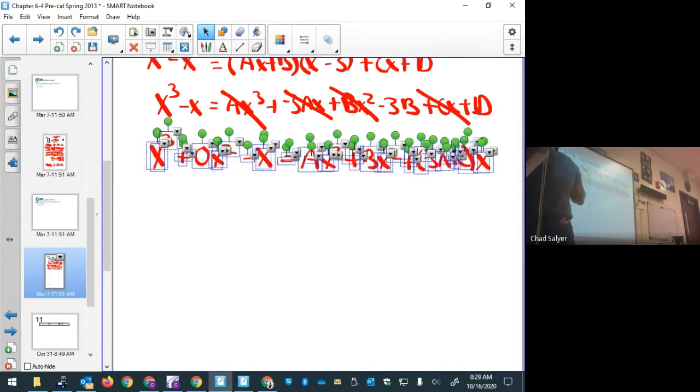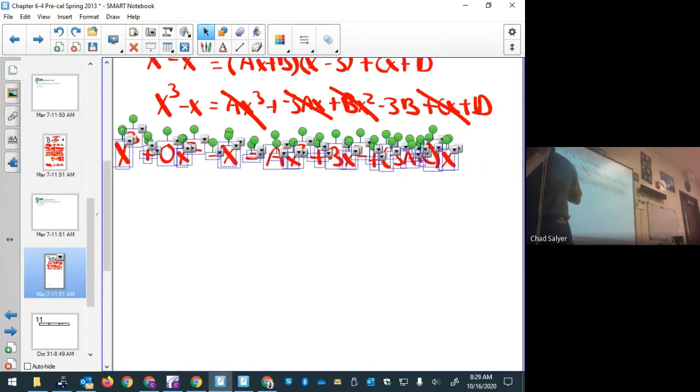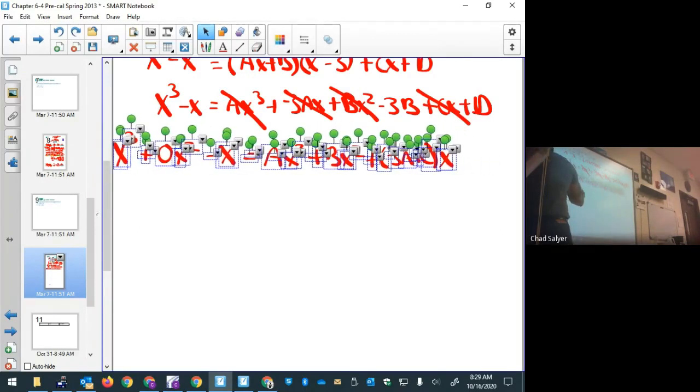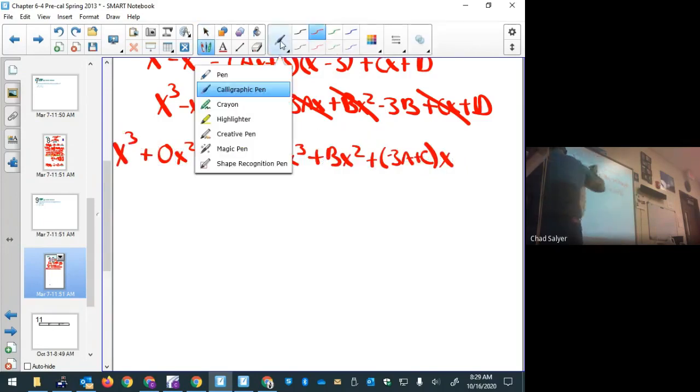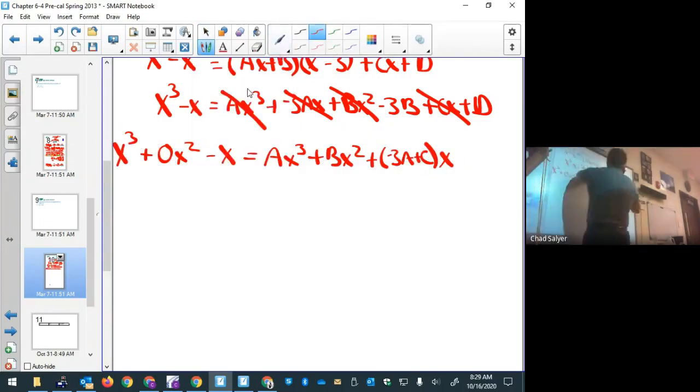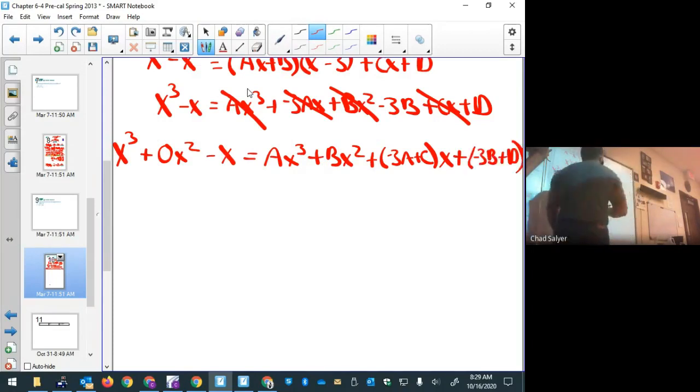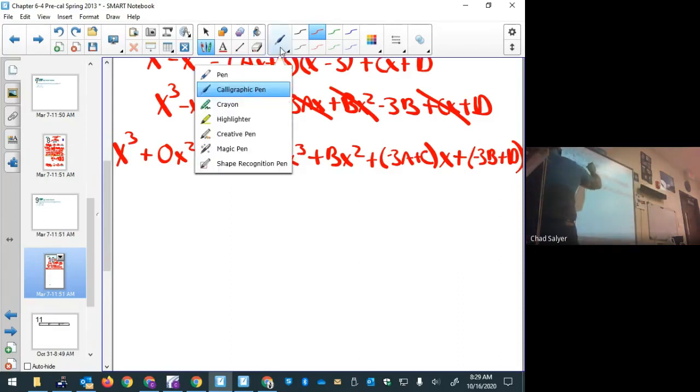It'll come. Okay. I'm giving myself the maximum amount of room. Okay, so now, let's do plus minus 3B plus D, just so there's not a lot of sign confusion.